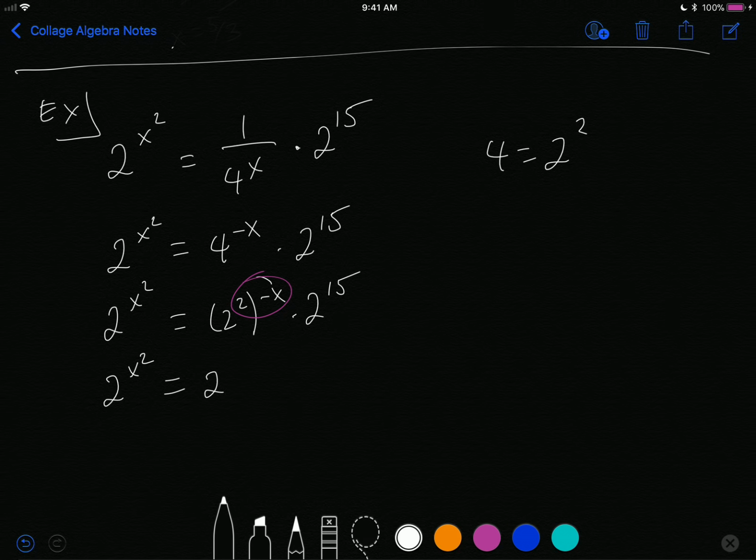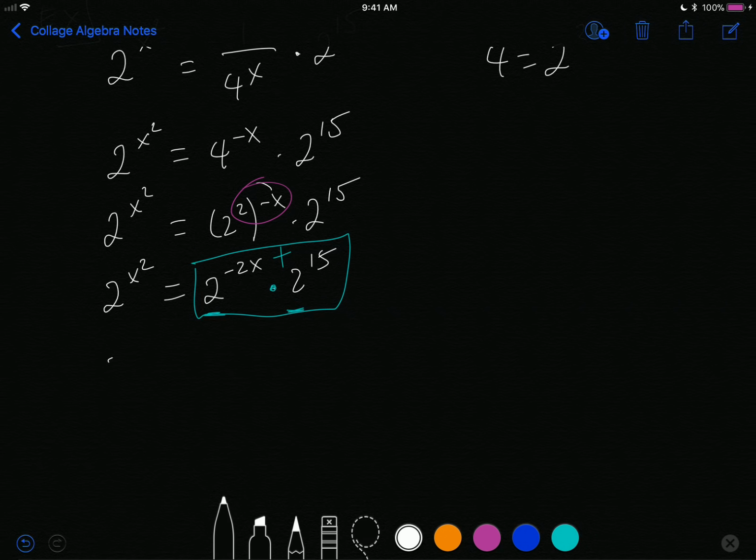That's why you need to sit down and practice enough with them so that they become familiar. Now that I have this right here, notice that I have the same base and I am multiplying. So that takes us to the addition rule. You keep the base and you add the powers. So that's 2 raised to the negative 2x plus 15.